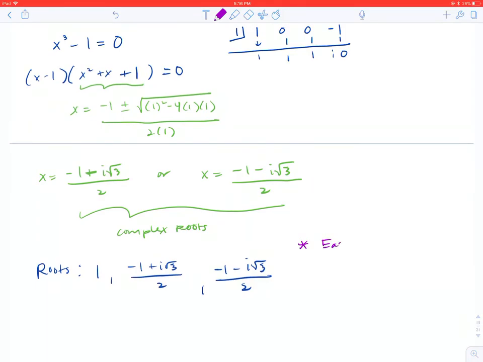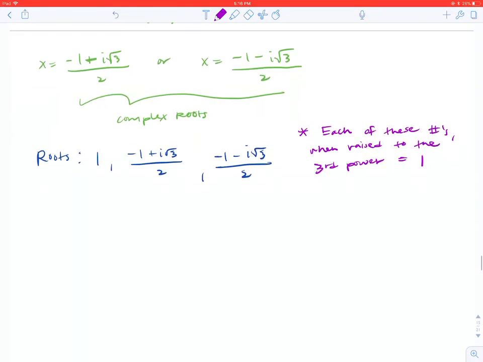So these are the solutions to the equation x cubed equals 1, meaning each of these numbers when raised to the third power will equal 1.